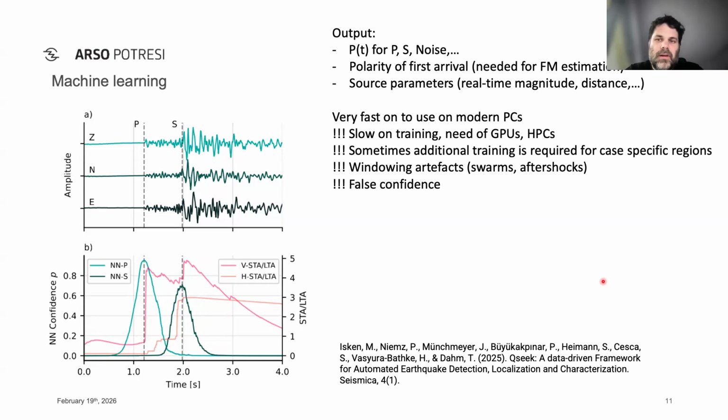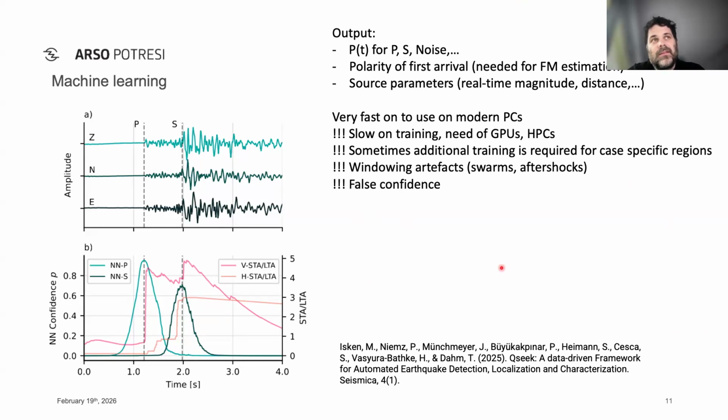They will give you the polarity of the P wave arrival, so you can use this for focal mechanisms. And they can also give you some source parameters like real-time magnitude and hypocentral distance from the station. On modern computers, this detection of earthquakes using machine learning runs very fast. In a couple of hours, you can scan years of data and get very good results.